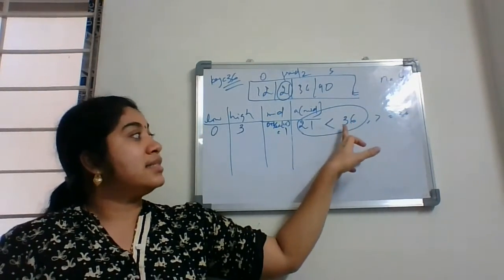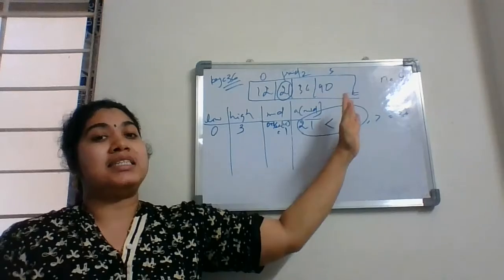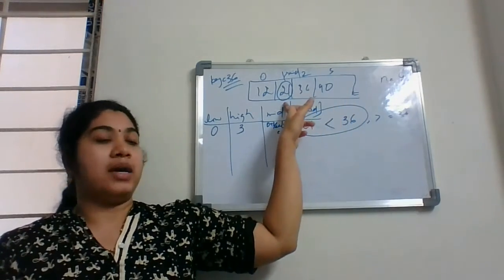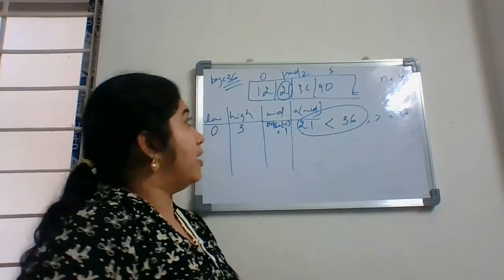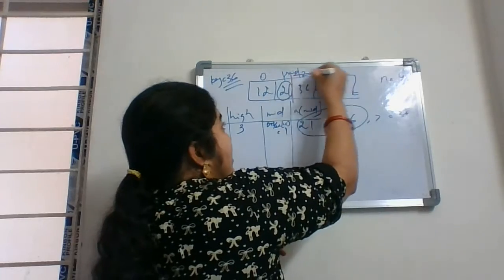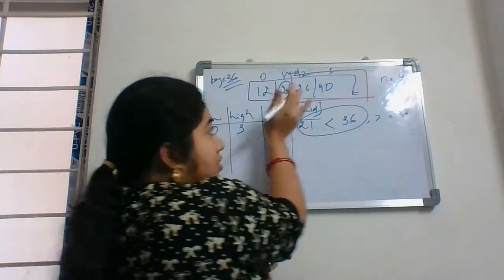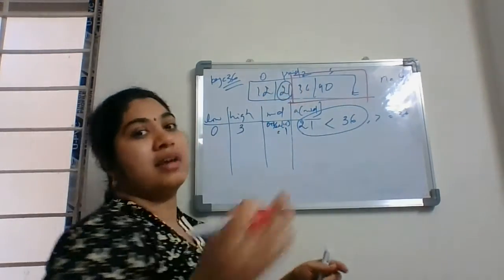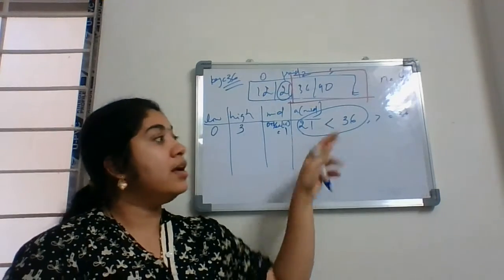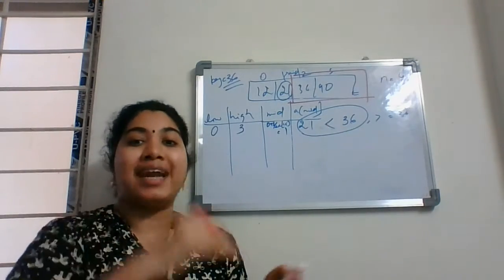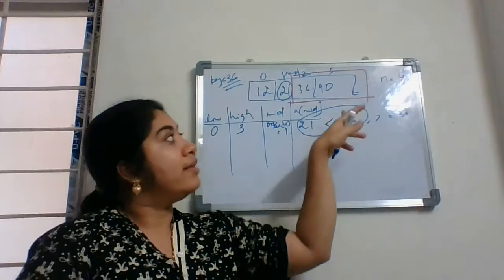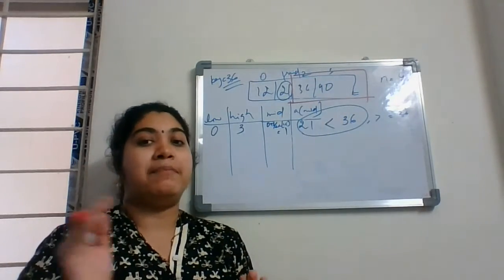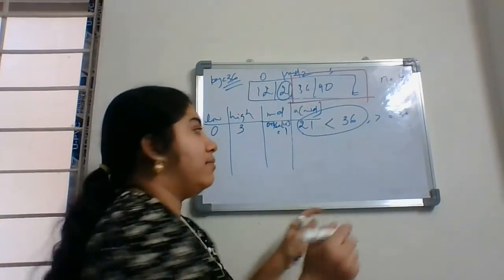That 36 is present on the right side of the mid element. The left part is not considered, because you know that the element you are searching for is greater than the mid element, so it will be present on the right part of the array.